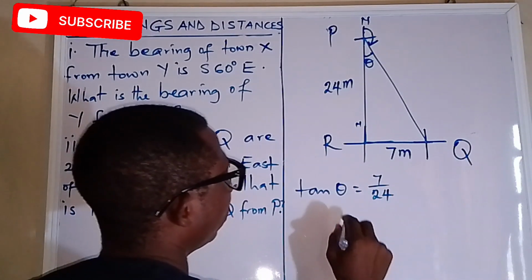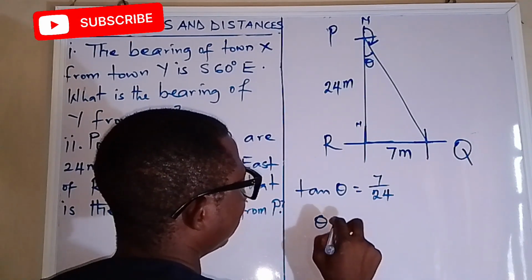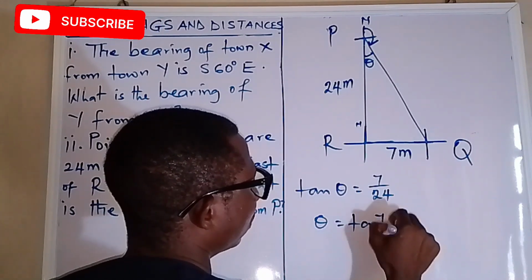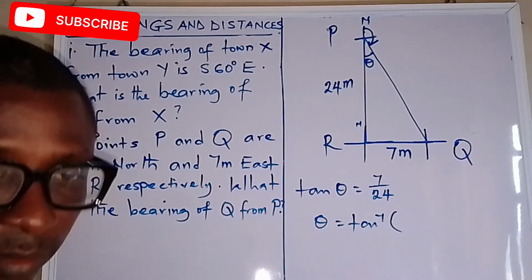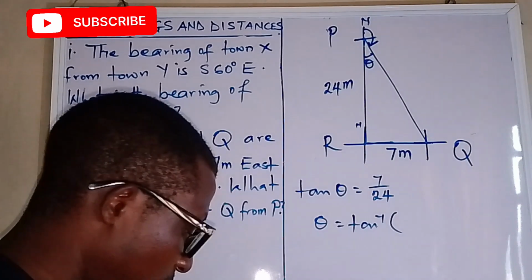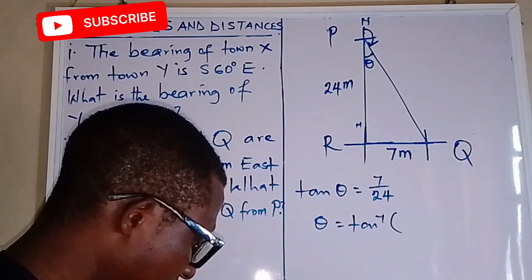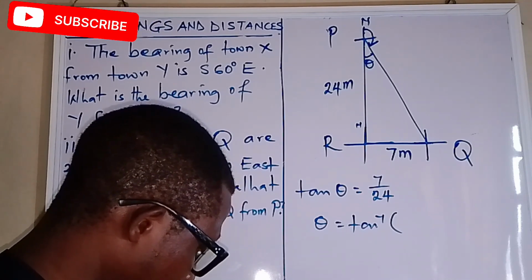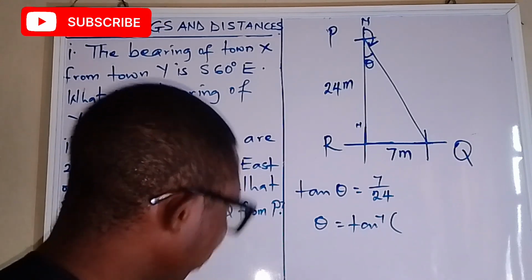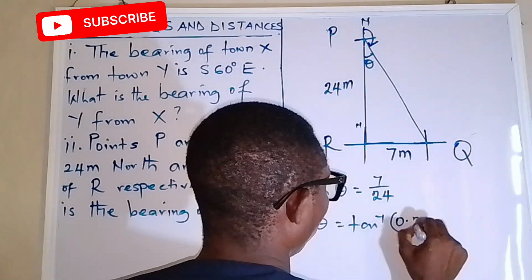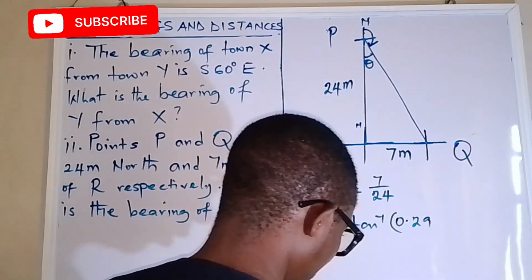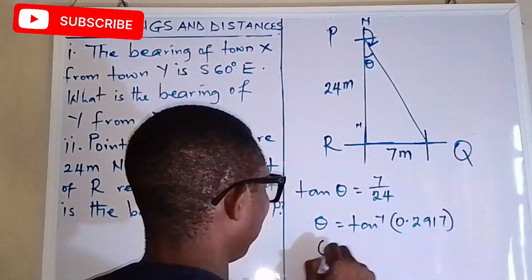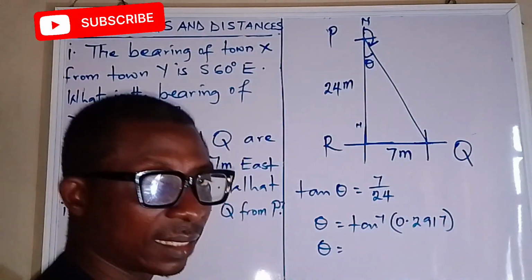So theta will be arctan of this. So we make use of our calculator. What is 7 divided by 24? 7 divided by 24 gives 0.2917.